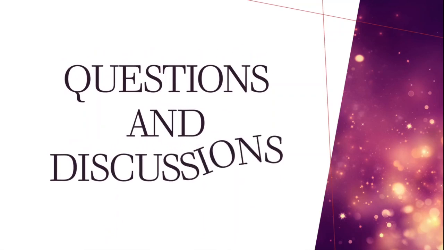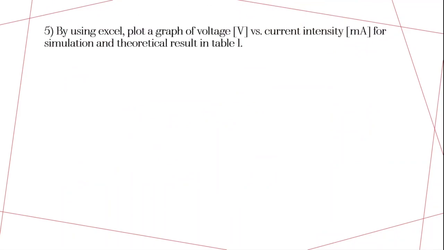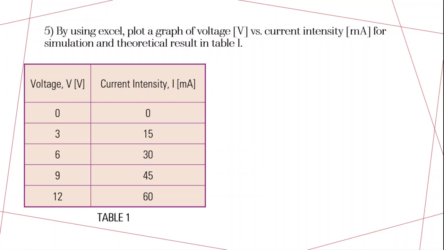Now we move on to the questions and discussions. Question 5. By using Excel, plot a graph of voltage V versus current intensity mA for the simulation and theoretical results in table 1. From table 1, we take the whole column for voltage and current intensity, where the voltages are 0, 3, 6, 9 and 12, and the current intensities are 0, 15, 30, 45 and 60.